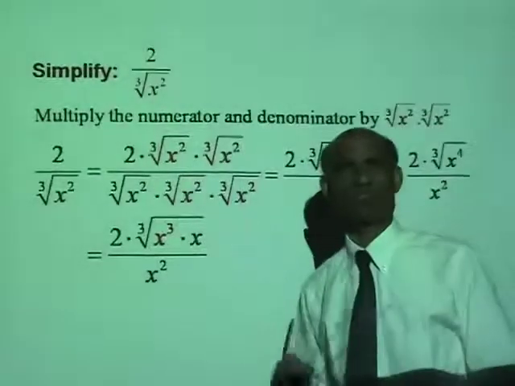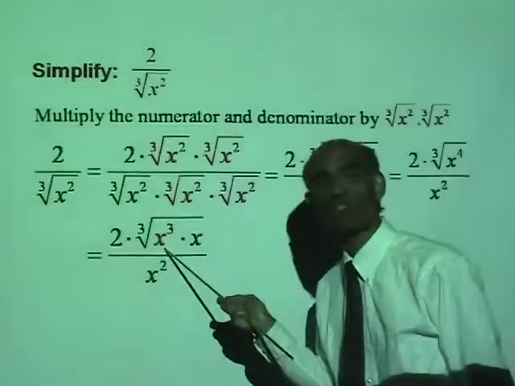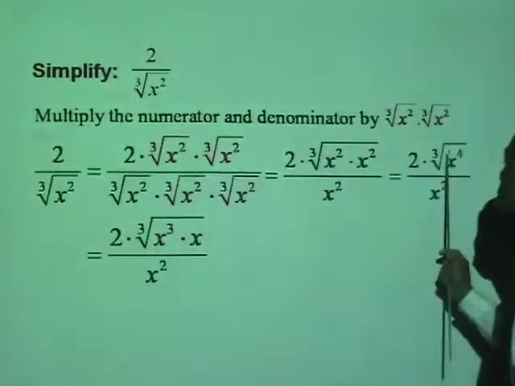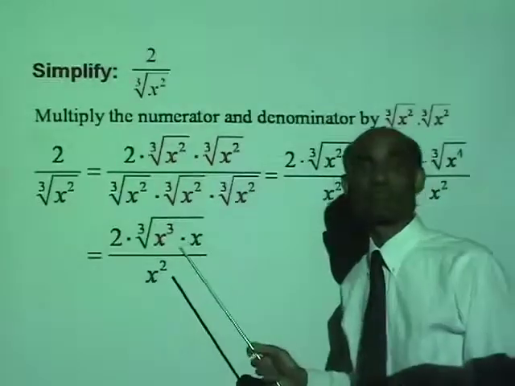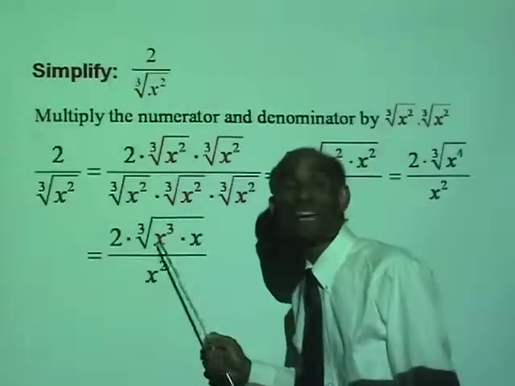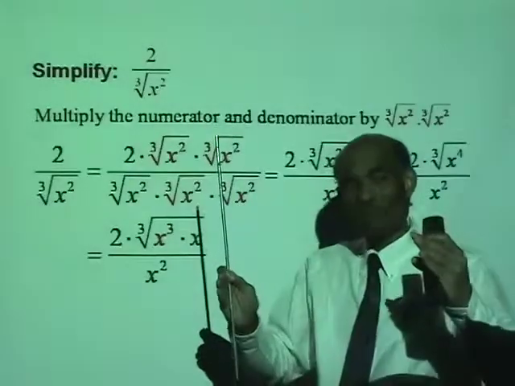Why did we do like this? Anybody tell me? Why did we write x to the 4 as x cubed times x? Because x cubed is a perfect cube, and that can be separated out.